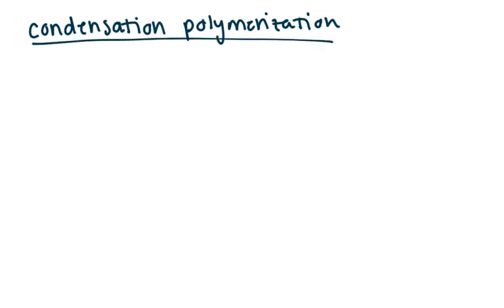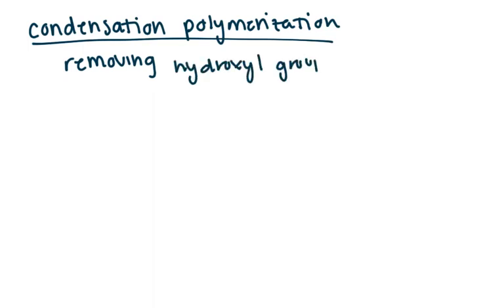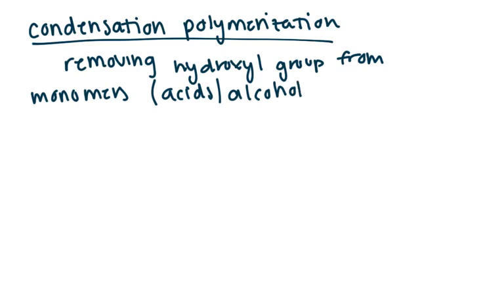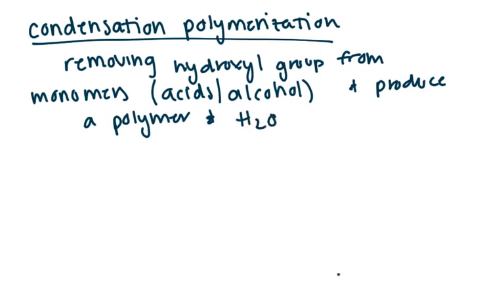But condensation polymerization is when we remove a hydroxyl group from a monomer like acids or alcohols, because those are where our hydroxyl groups are found. And we end up, so we produce polymer and water as our products. Okay, so just two different examples of polymerization. That's the end of our types of reactions.